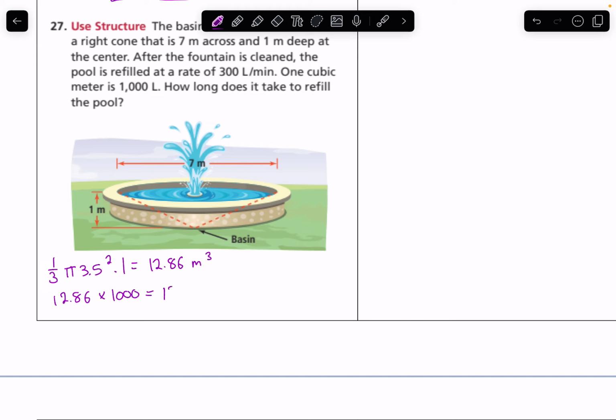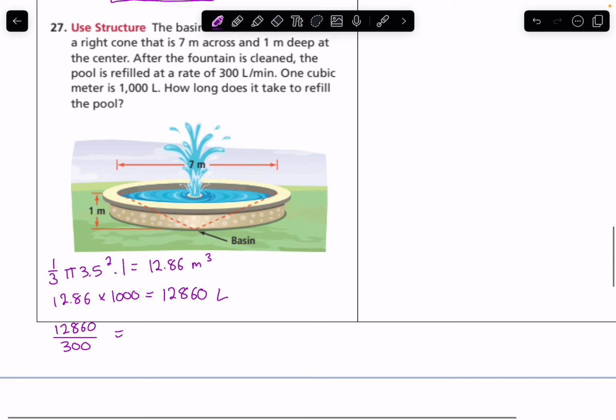Find out that that's 12,860 liters of water. We'll take 12,860 liters divided by 300 liters per minute and get 42.9 minutes to refill the pool.